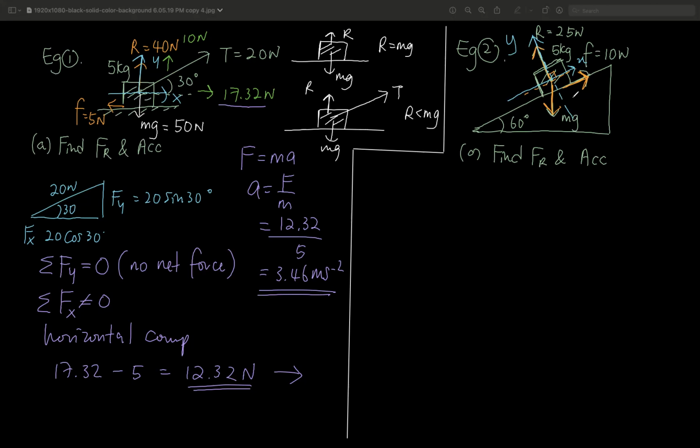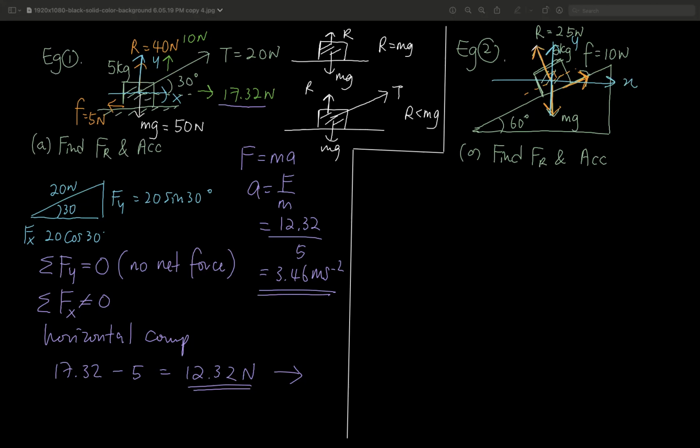So which one do I resolve? I resolve the mg, because the mg is neither parallel to the Y nor the X. Of course, you can argue, why can't I just use this one as Y and this one as X?